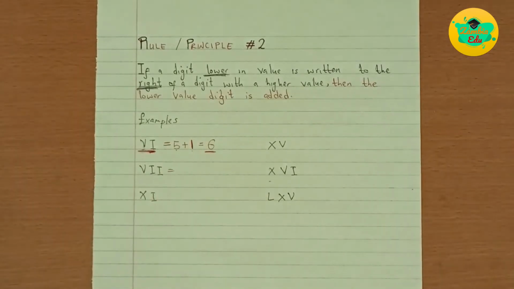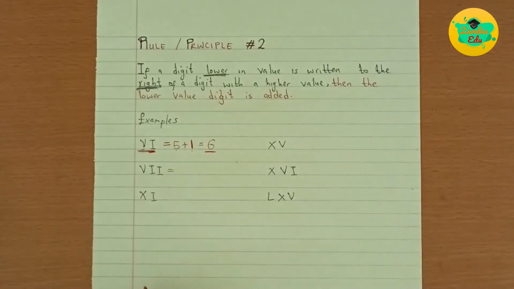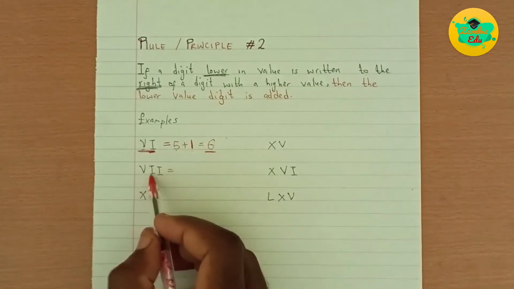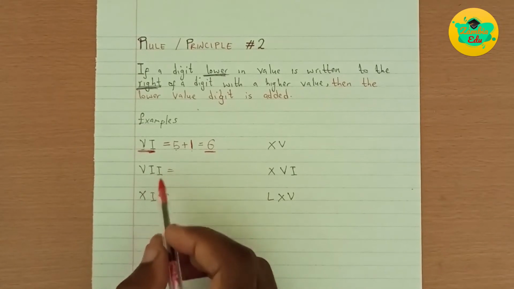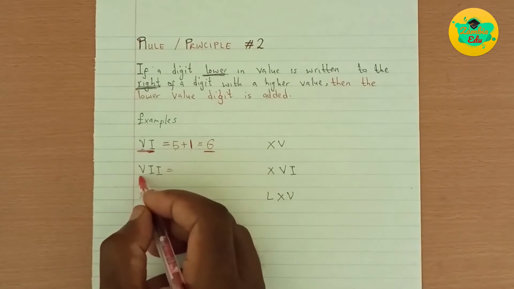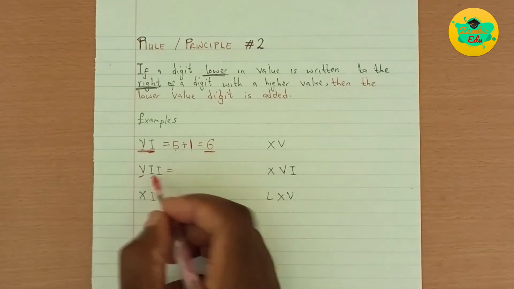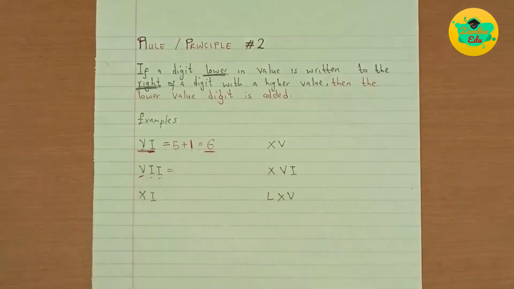Example number 2 is not much different. It's pretty similar to the one we have been doing. So you have VII. How do you get the value of this? We know that V is 5, and then you have I, which represents 1, and another I, which represents 1.